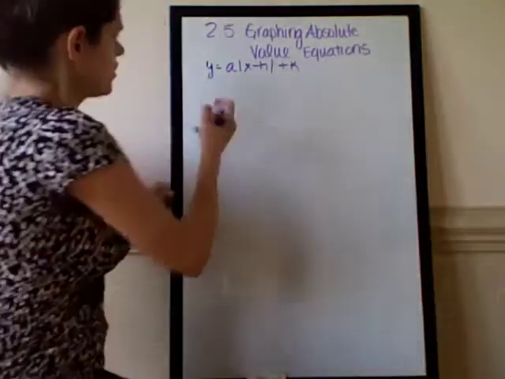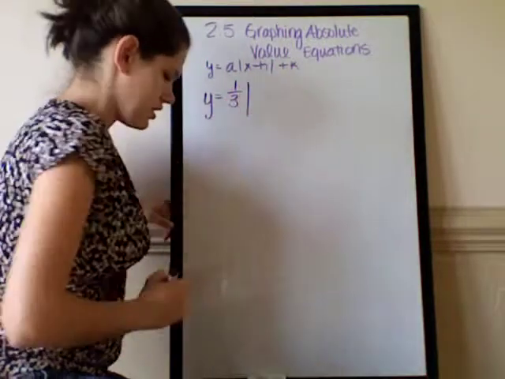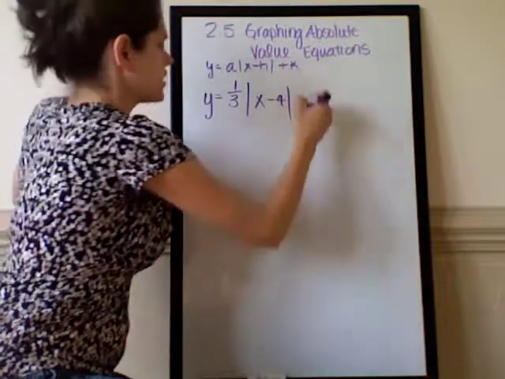Alrighty, let's change it just a little bit. Y equals 1/3 the absolute value of x minus 4 plus 2.